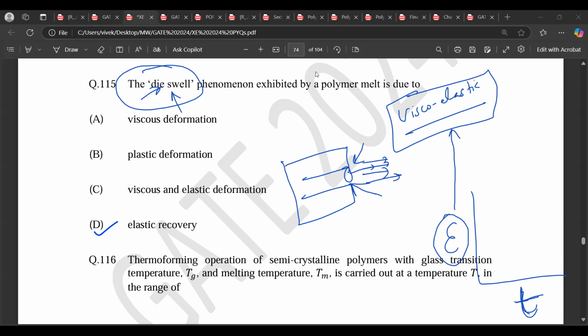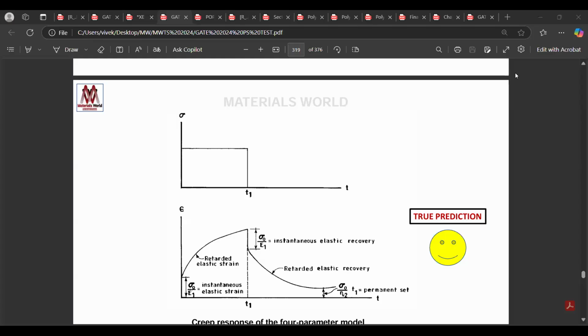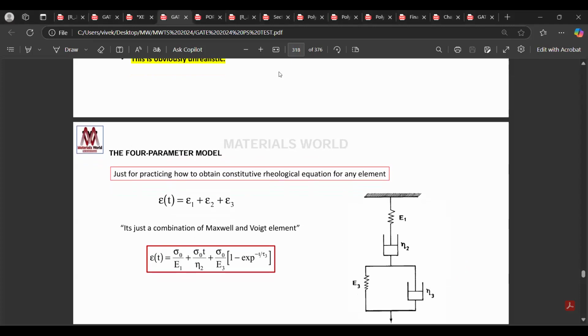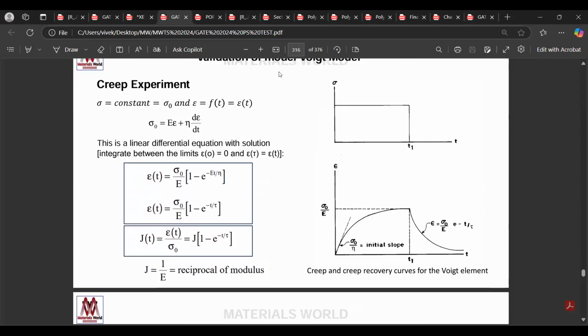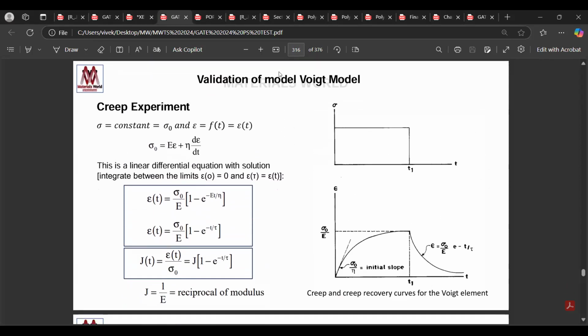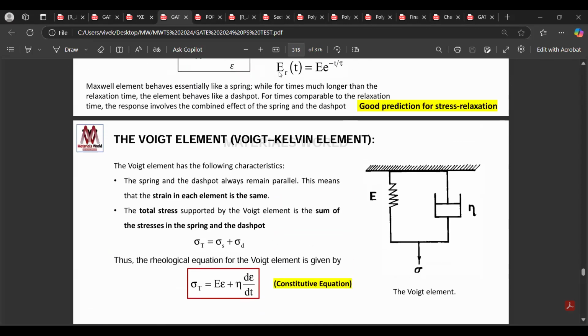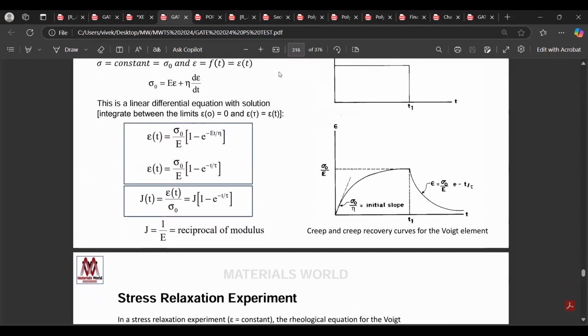That is also possible. So if you see this current slide, this is predicted by the four parameter model, and the very near one is the Voigt model, or Kelvin. The Voigt-Kelvin model gives you a nearby prediction, where you have an increase in strain and then a decrease in strain with time.